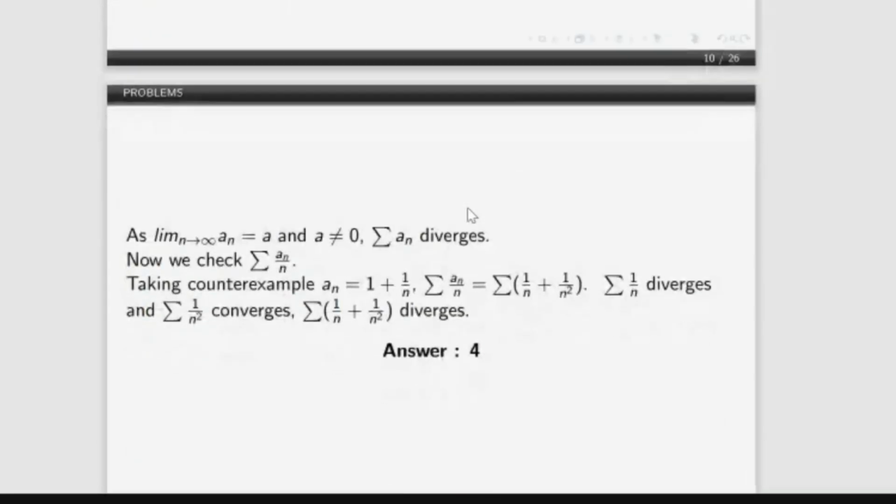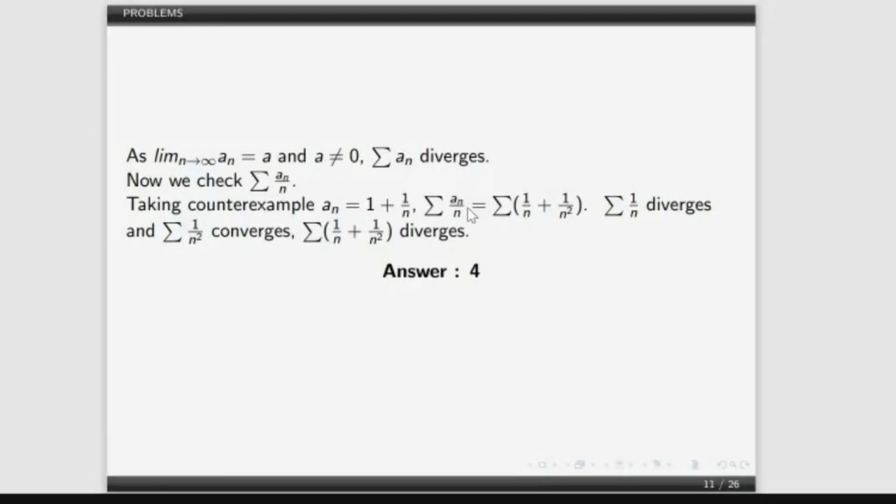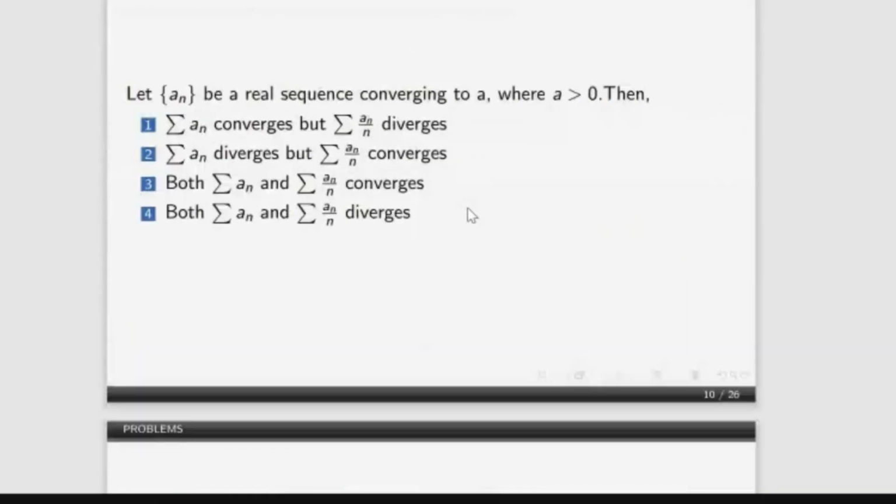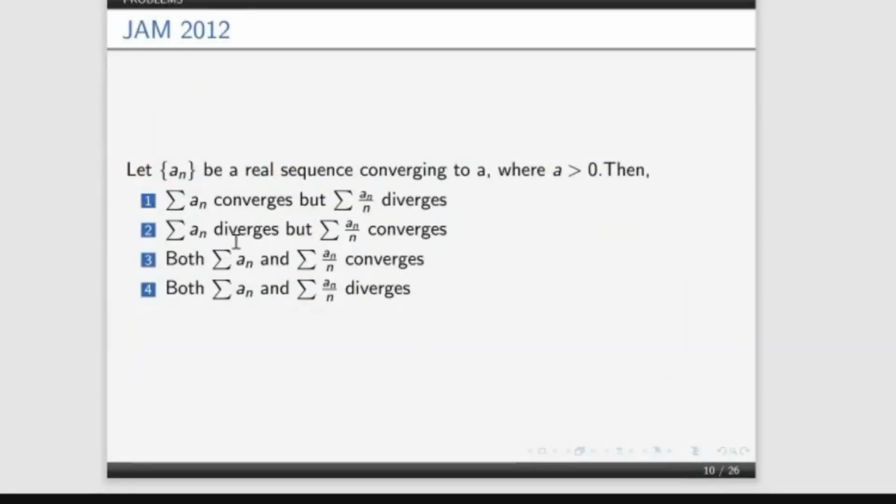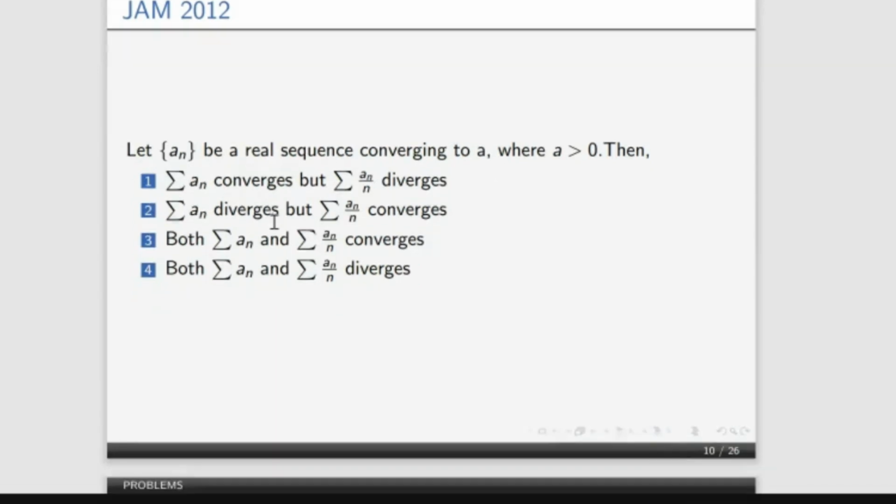Sorry to disappoint you, but the answer is option 4. Because we are talking about series an, not sequence an. So an converging to a value does not imply that series an is convergent. Here we are applying the nth term divergence test, right?